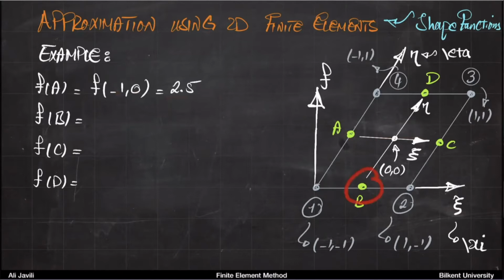Point B, now the coordinates of point B would be 0 and -1. So xi is 0, eta is -1, and let's say at that point it's 1.5.